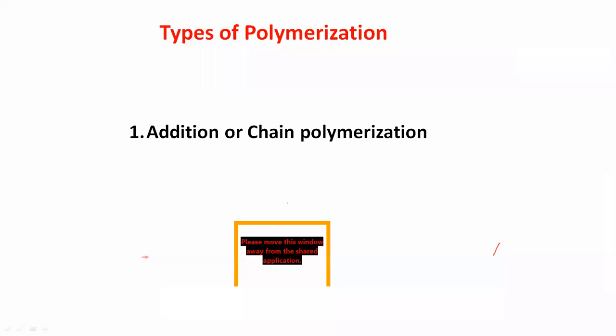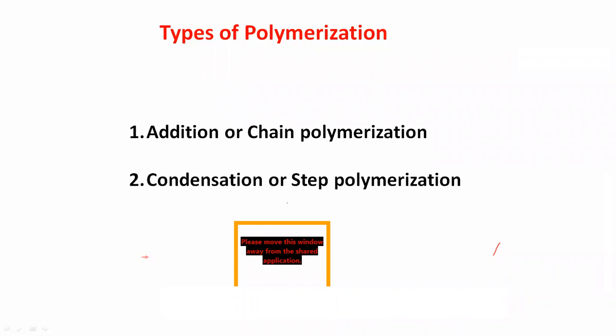So first is addition or chain polymerization, and second is condensation or step polymerization. This is a very important point. Questions are being asked on this point, maybe a differentiation or maybe a separate note. So these are the two ways we can prepare polymers.